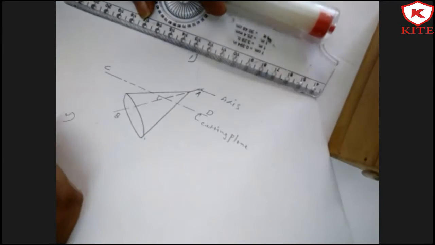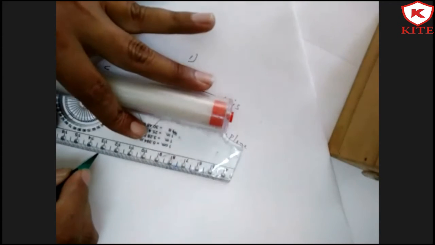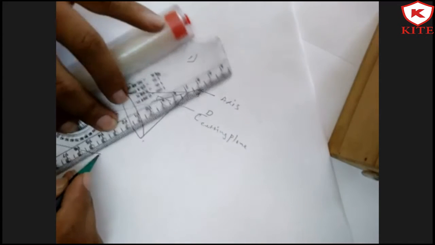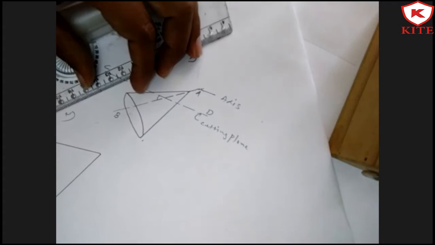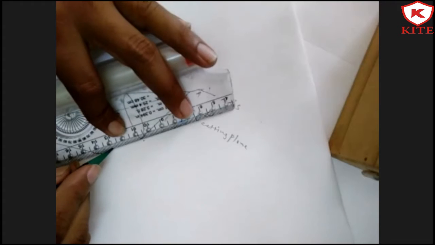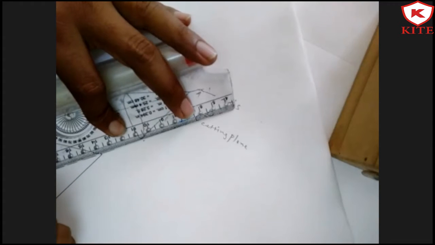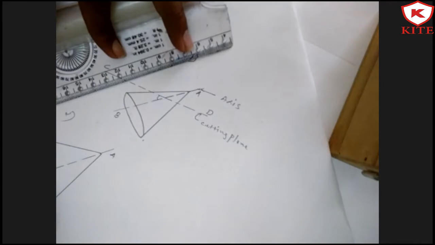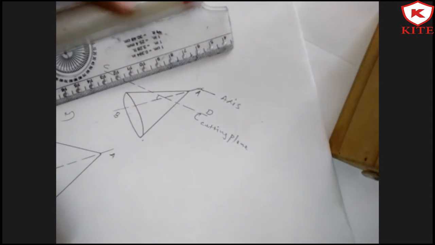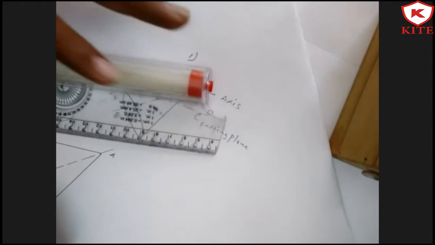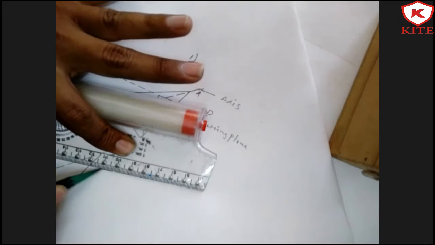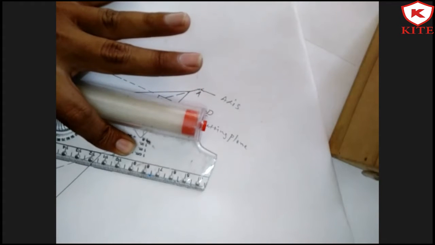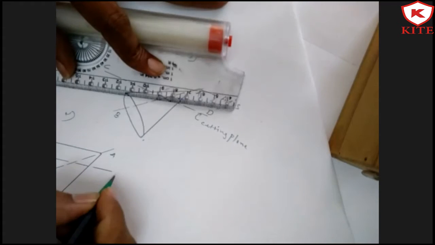Now second. AB is the axis and here CD is the cutting plane.